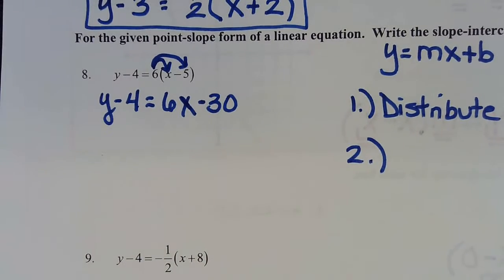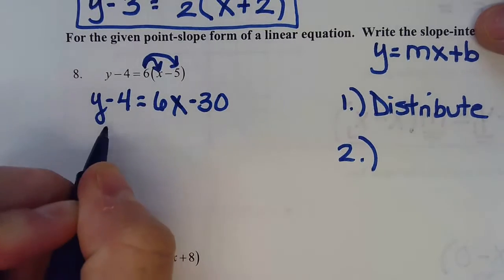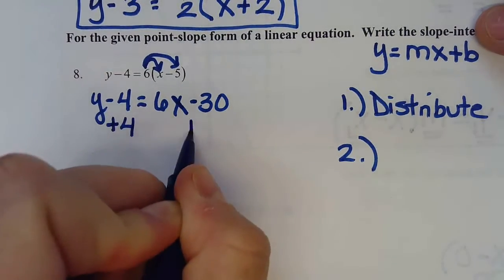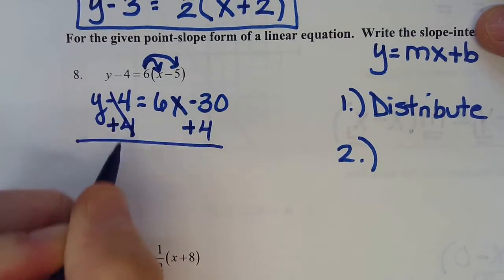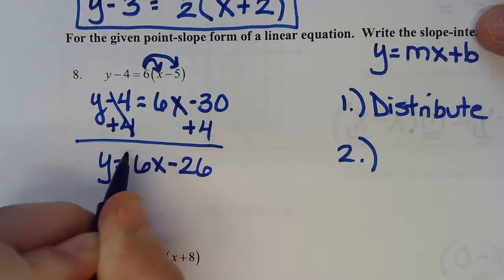And then if I need to get it into y equals form after I distributed, now what do I need to do? Add the 4, because I need to get it in y equals. So I add 4, and I get y equals 6x minus 26.